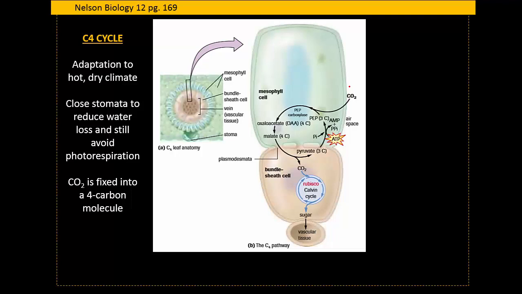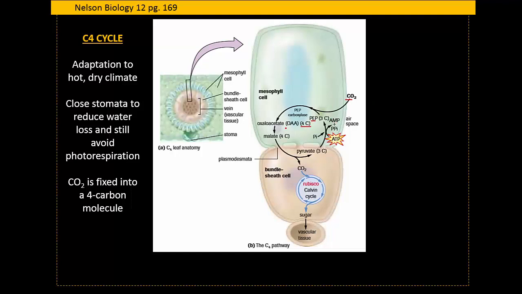The limited amount of CO2 is efficiently grabbed, or fixed, by PEP carboxylase onto PEP. Now, PEP is phosphoenolpyruvate. It is a 3-carbon molecule, so with the other carbon from carbon dioxide, you get 4 carbons.